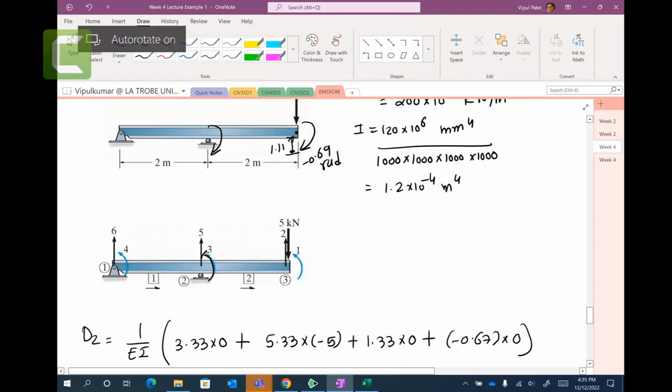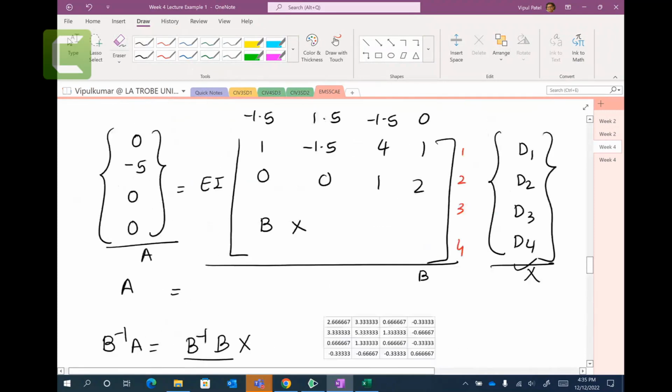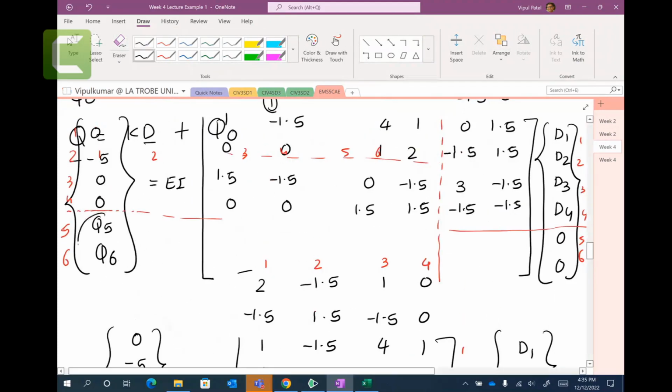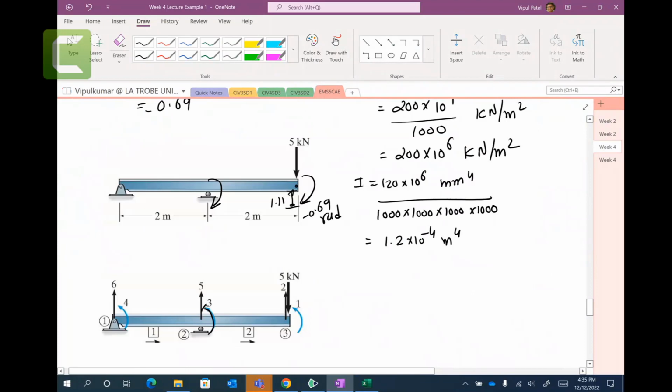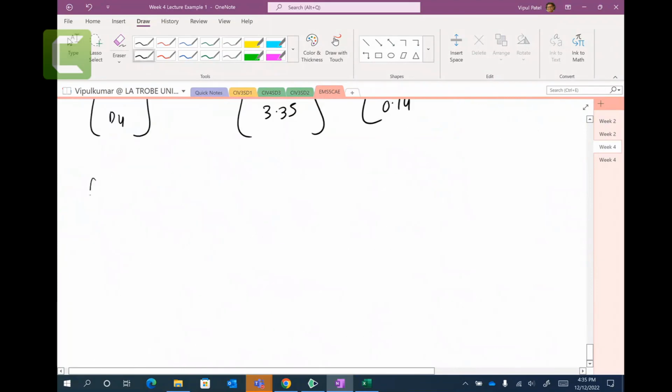Now to find the reaction force, we can go back to this big matrix again and grab this Q5, Q6 from here. Oh, we disturbed these ones. That's okay. Q5 and Q6, we get it.